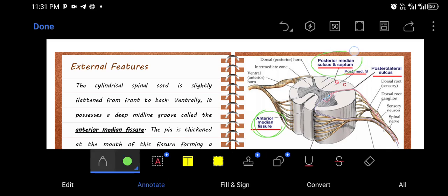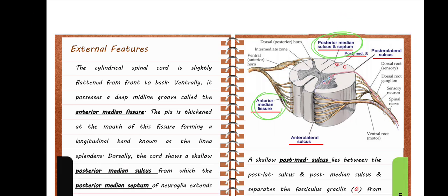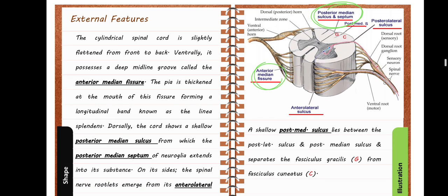You see the posterior median sulcus and septum. So anteriorly, we have the anterior median fissure. Posteriorly, at the dorsal part, we have the posterior median sulcus, from which the posterior median septum of the neuroglia extends into its substance.